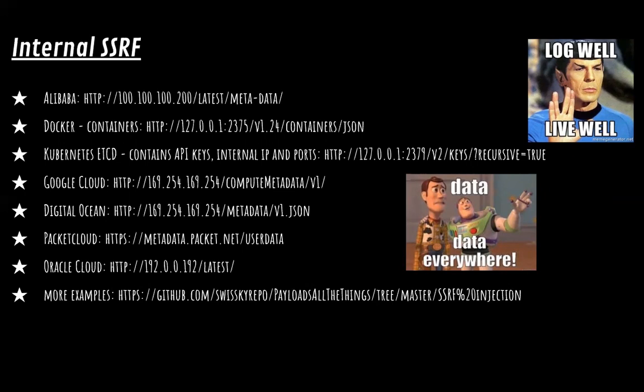In most cases, most cloud services don't actually have as much access as Google Cloud or AWS has, for example. Some of them also have their own security measures in place.